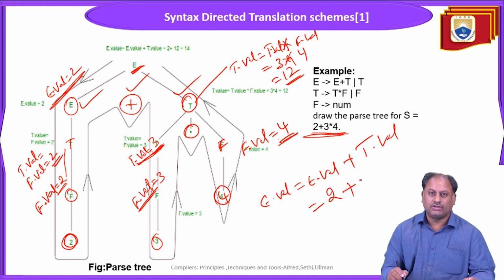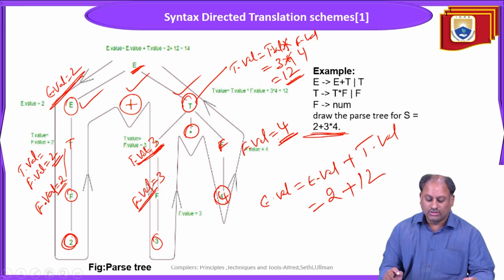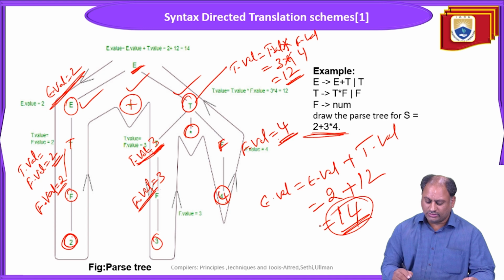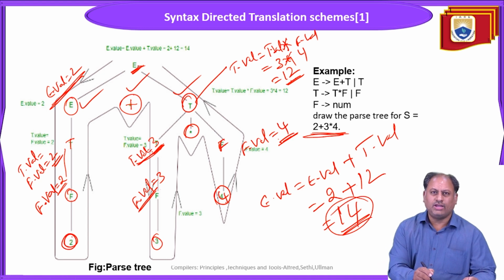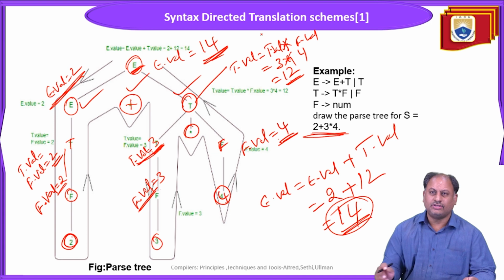The number 2, and here the plus operation, and the right branch of the tree contains capital T. We have computed the capital T dot val as 12, so I have to write that 12. Now 2 plus 12, what is the value computation? That is 14. So this value 14 is the result at the final root node, E dot val. Final result E dot val equal to 14.